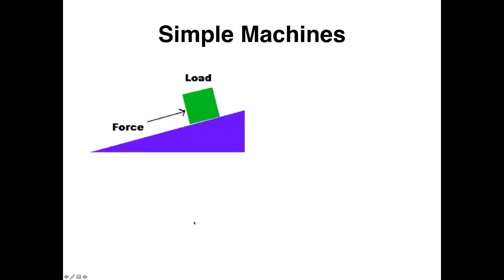The next simple machine we'll look at is called an inclined plane. An inclined plane uses the length of the plane to raise a load a certain distance. So in this case, the output distance is equal to the height of the plane, and the input distance is the length of the plane.